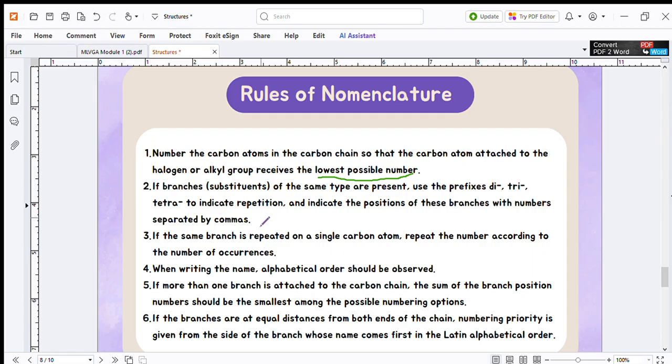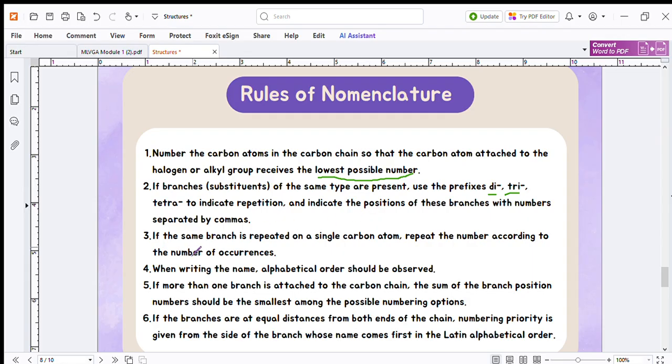So for example, pag meron tayong chloride or chlorine or chloro, pag na-repeat po siya 3 times, instead na sabihin natin 1 chloro, 2 chloro, 3 chloro, sabihin natin 1, 2, 3, trichloro. Pag sila po ay dalawang chloro, ganun din, dichloro, 1, 2, dichloro, or 1, 5, dichloro. At makikita lang natin po ito sa mga example.